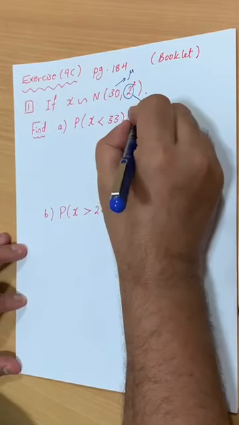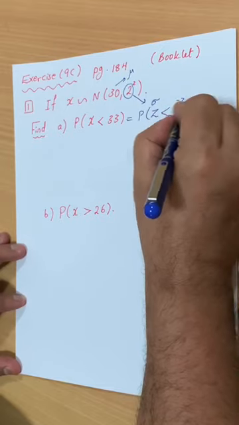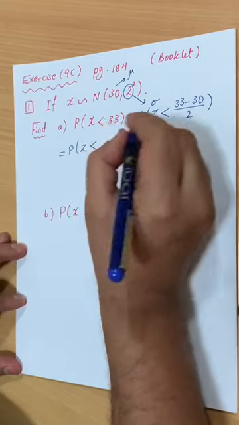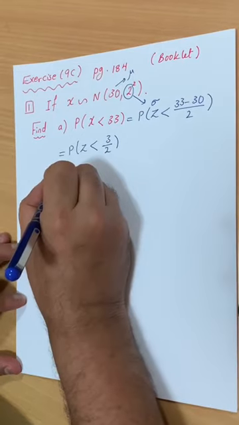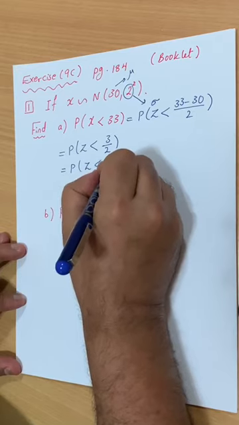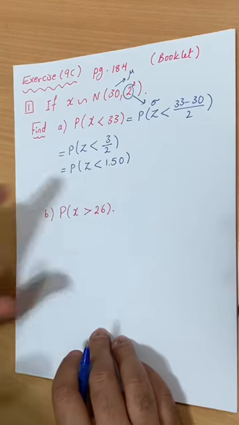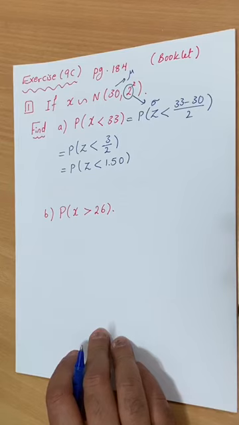So you do the probability of Z less than 33 minus 30 over 2, which is equal to the probability of Z less than 3 over 2, because 33 minus 30 is 3. So 3 divided by 2 is Z less than 1.5 or 1.50. Don't read 1.5 from the table as 1.05. It's only 1.50, it's not 1.05.